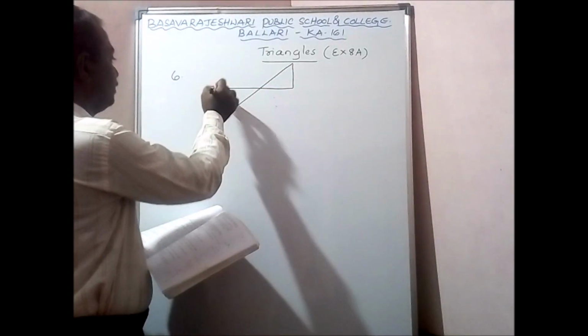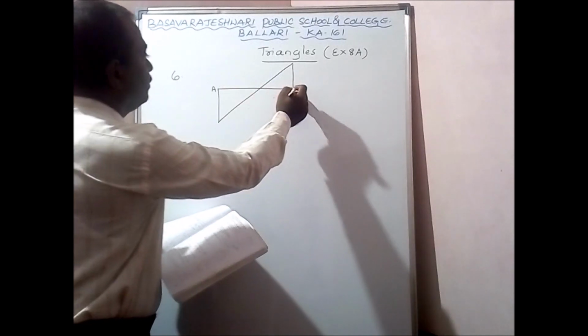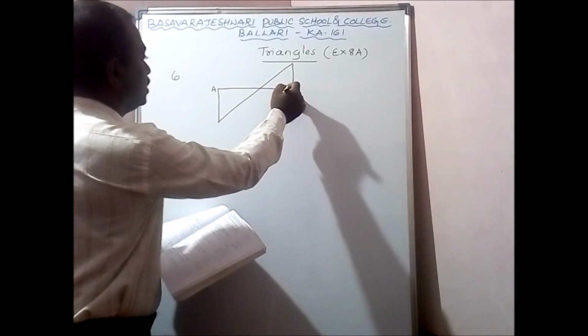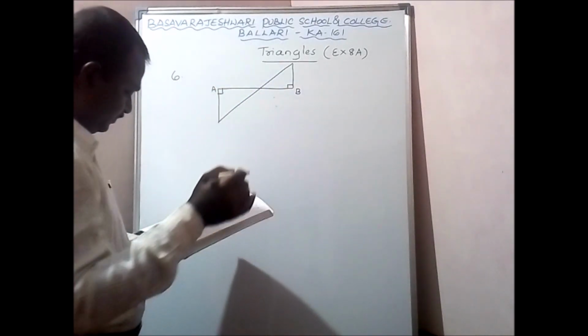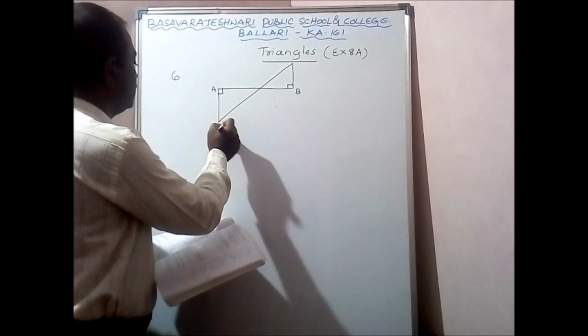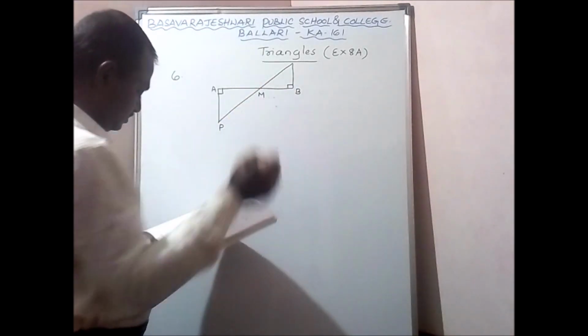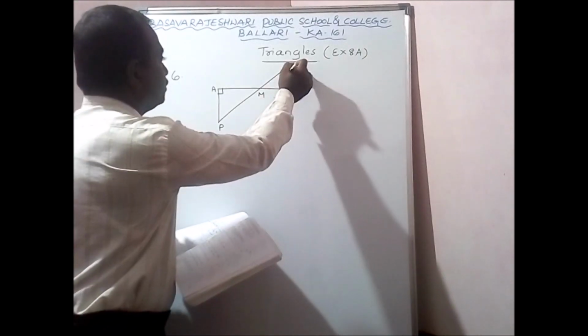A, B, these are perpendiculars. P, this is M, this is Q.